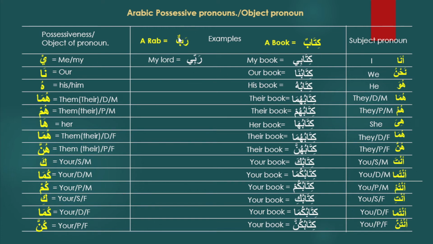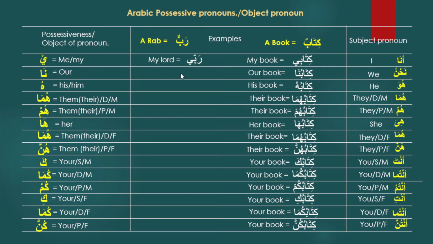If we keep the dhamma on Rabbu, it will be difficult to spell. Rabbuya, difficult. Rabbi is very easy to pronounce. This is Rabbi, not Rabbuya. To make it easier, Arabic grammar has made it like this.